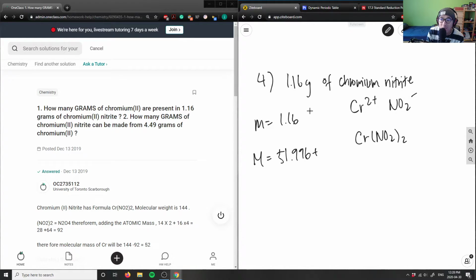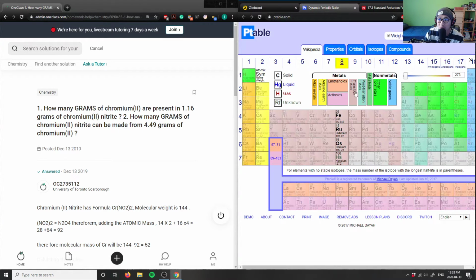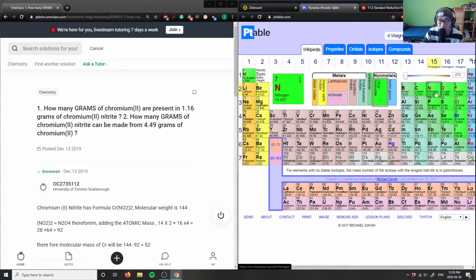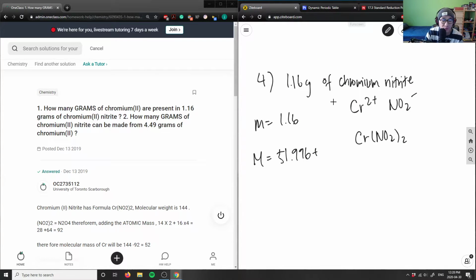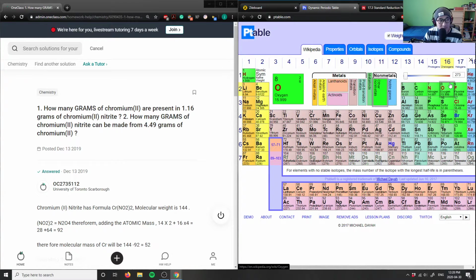So it'd be 51.996 plus how many nitrogens I have. In this case, I have 2 nitrogens, right? This N here has a subscript of 2 here. I have 2 nitrogens, so I have 2 times 14. I would assume here is 14. So 2 times 14 here is 28 plus 28. And then here, oxygen is O2, and I have another 2, which means I'm going to have O4 here. So O4, again, my oxygen here has a molar mass of 16.